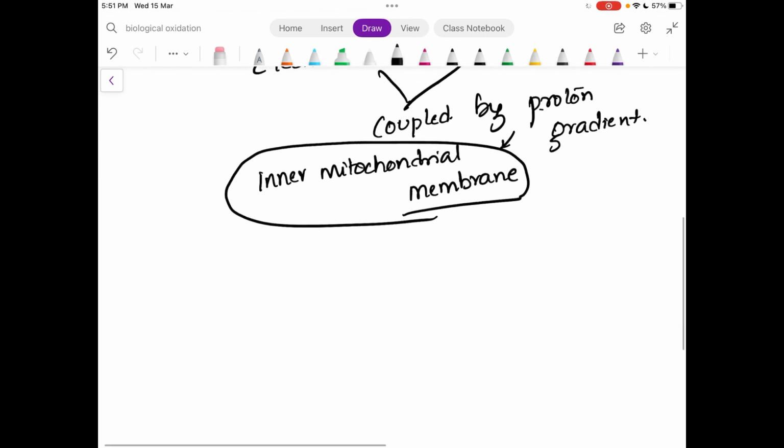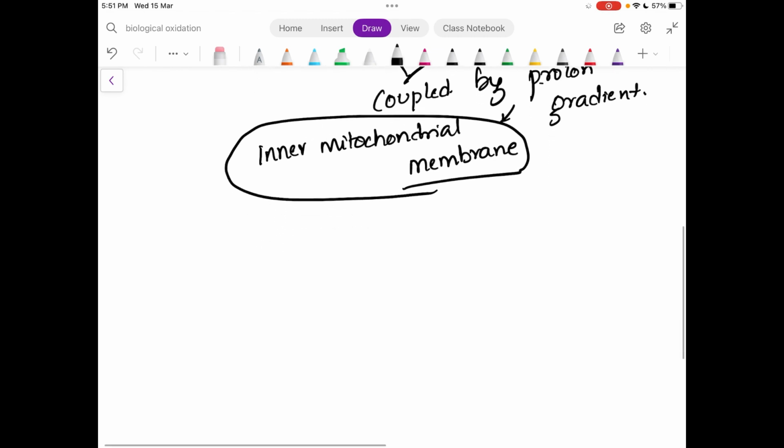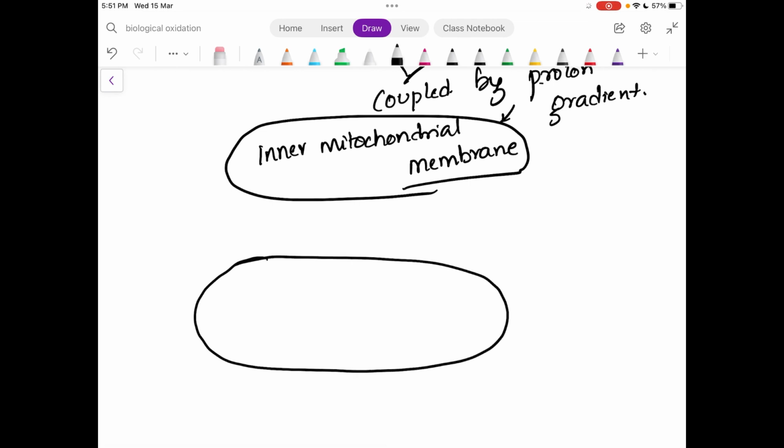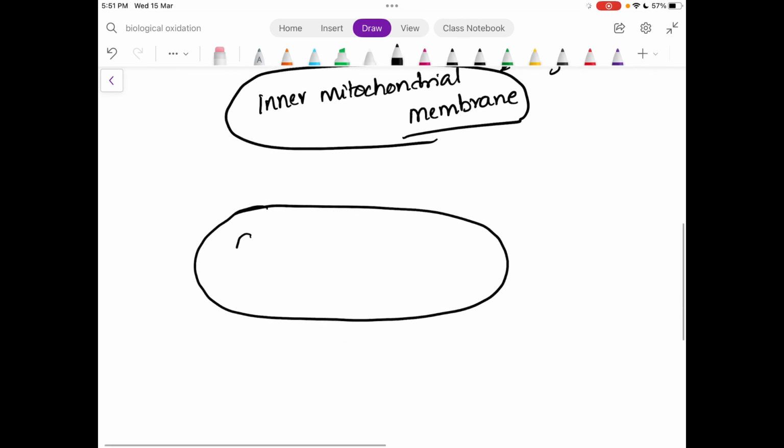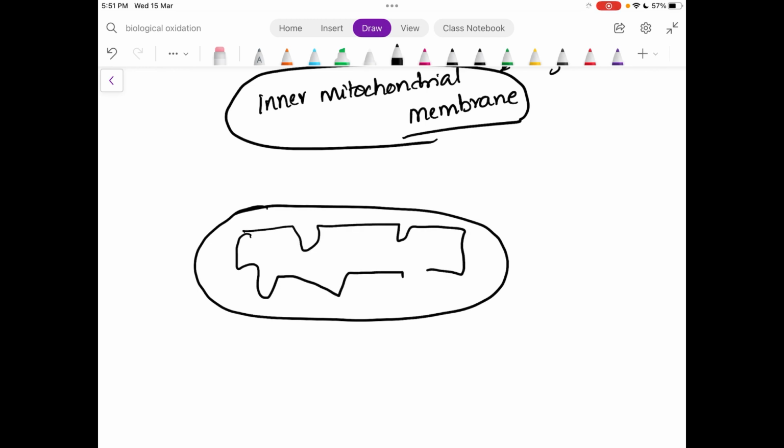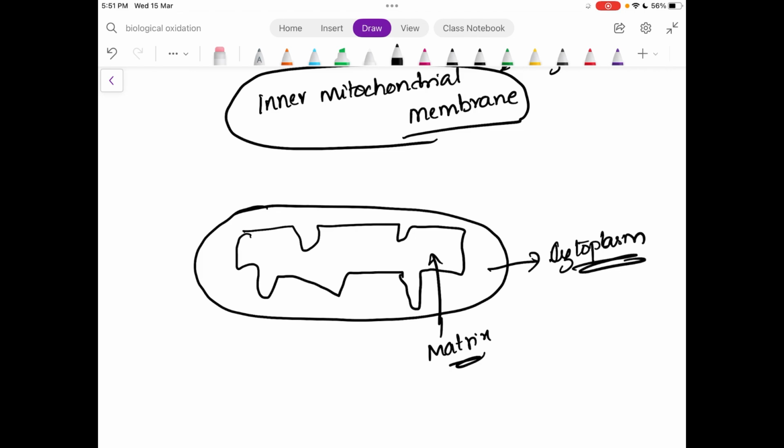If this is a mitochondria, and we have the inner mitochondrial membrane, this is the matrix, and this is the cytoplasm side, or intermembrane space.